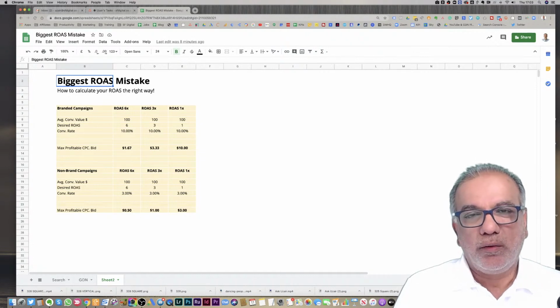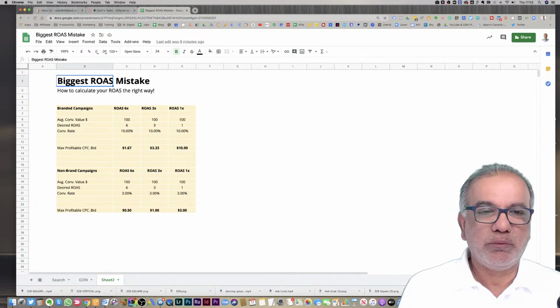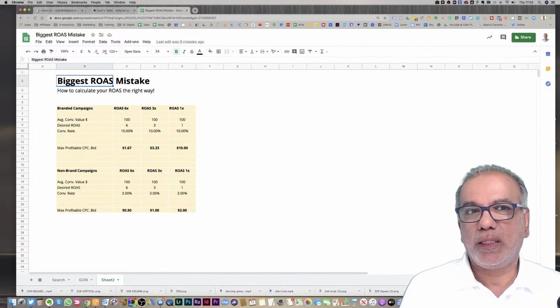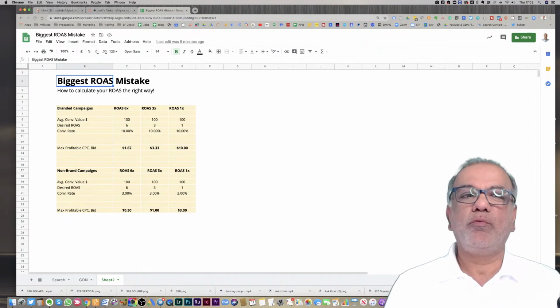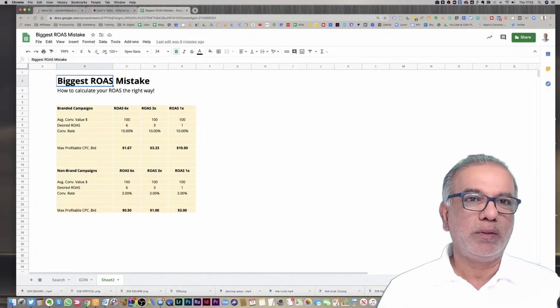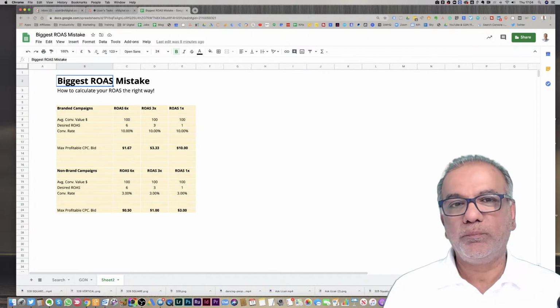ROAS means return on ad spend. So when you spend $1 or pound or whichever currency you're spending, how many are you getting back? If you are getting more than one, that means potentially your campaign is profitable. If you're getting less than one, then you are making a loss.